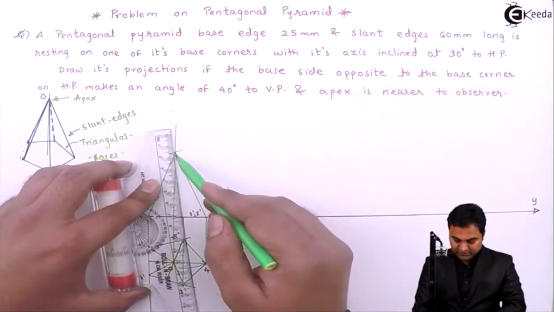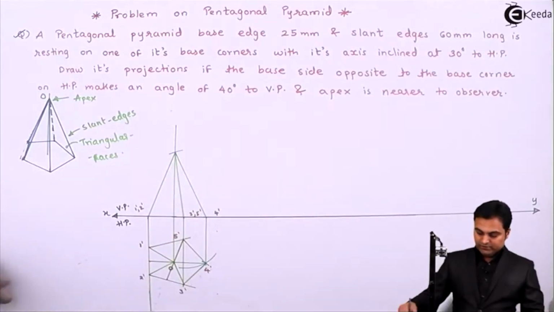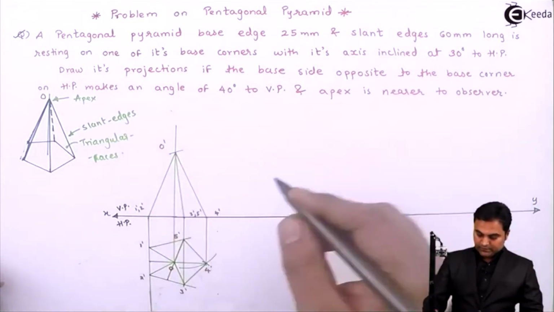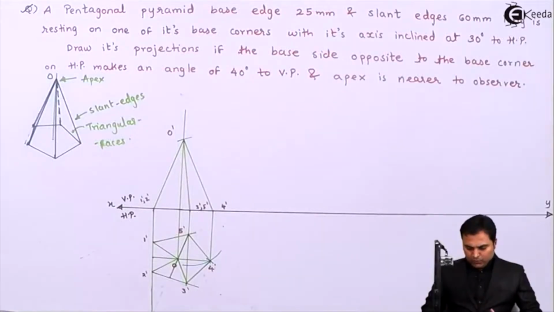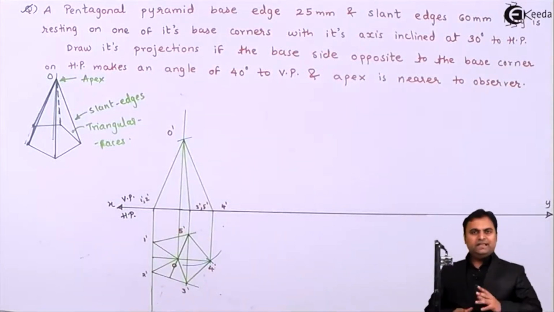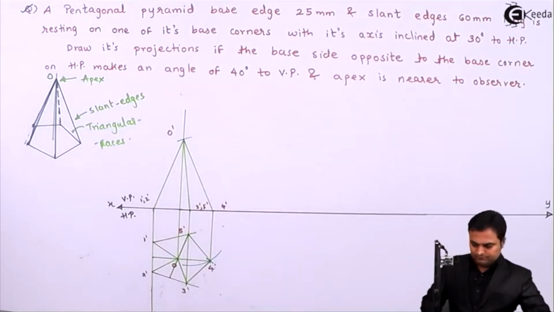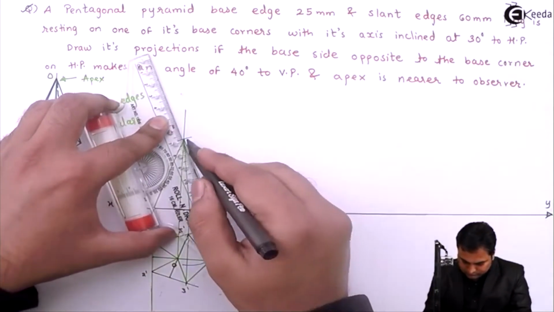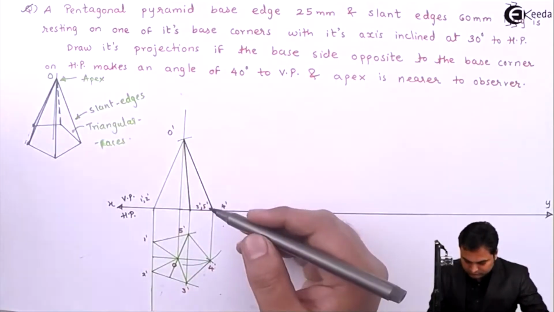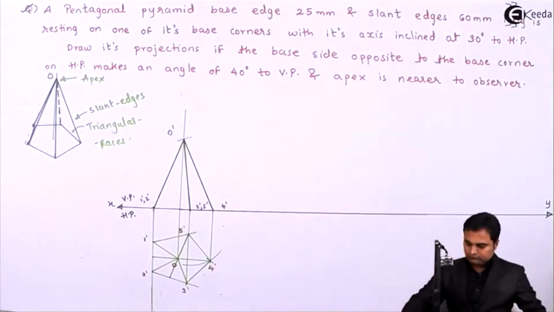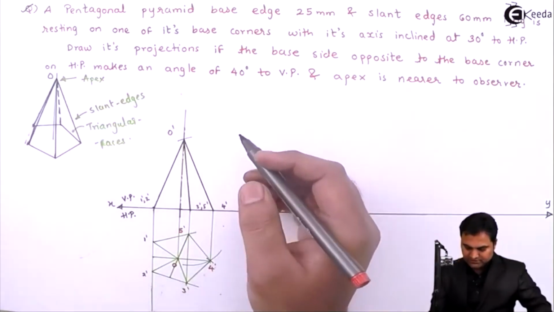Joining 3 dash 5 dash on this apex. So here there will be O dash, and this is the initial condition. Now once I have drawn this pyramid light in top view and front view, now I'll make it dark. And here is the axis.